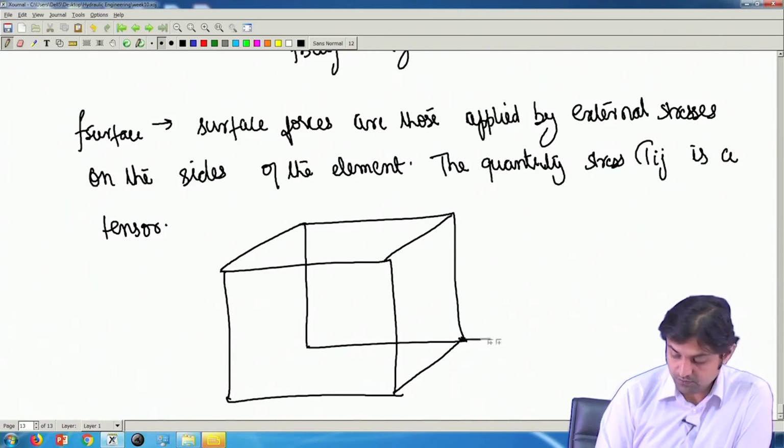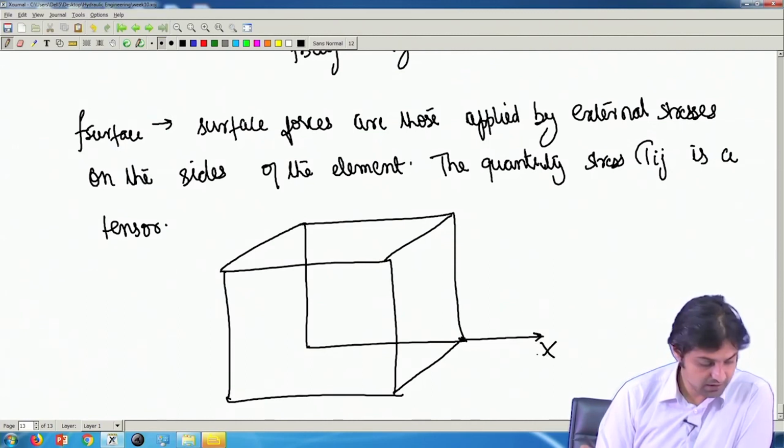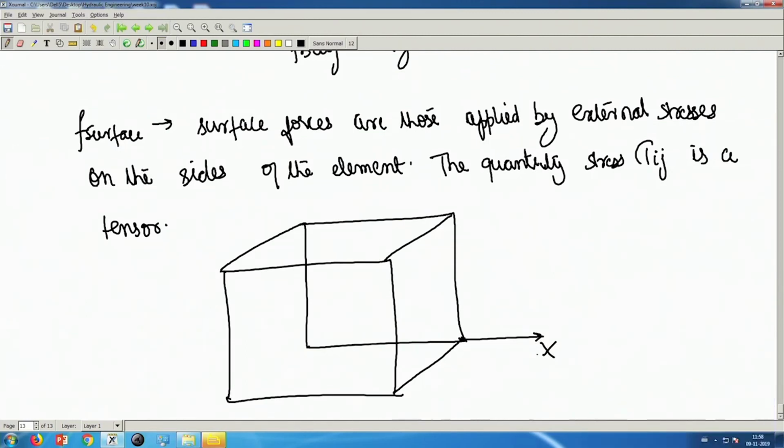So what we assume this dimension as x, this has been assumed y, and this side it is z axis.